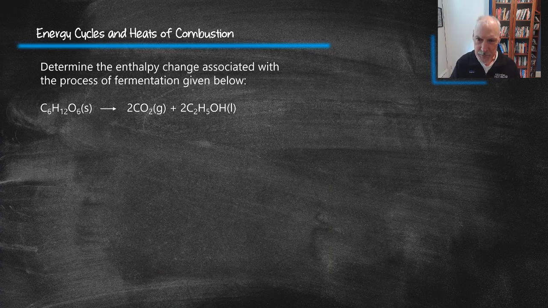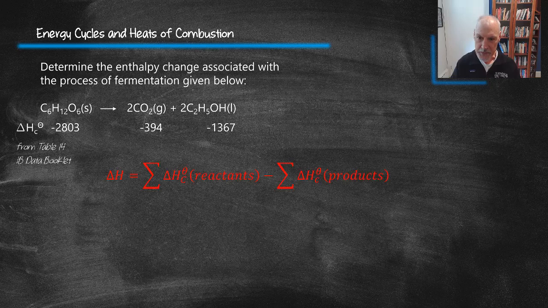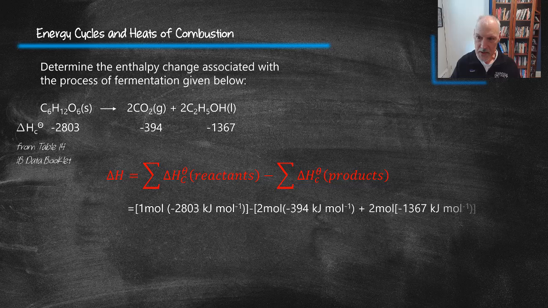I'd like to figure out the enthalpy change associated with the fermentation. And here's the general equation for it. I consult Table 14 in the IB data booklet to get the following heats of combustion. Now I'm going to employ the equation from the IB data booklet. So, first off, I begin with my reactants. I have 1 mole times the heat of combustion for it.